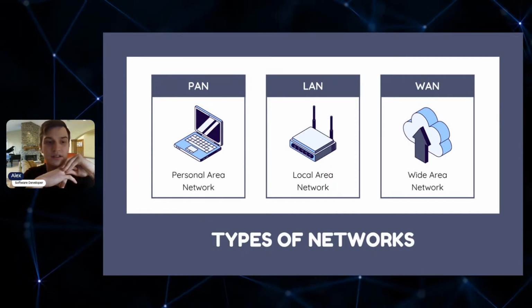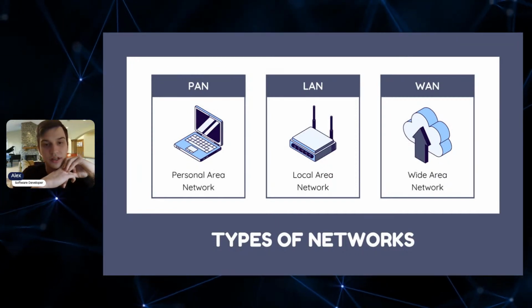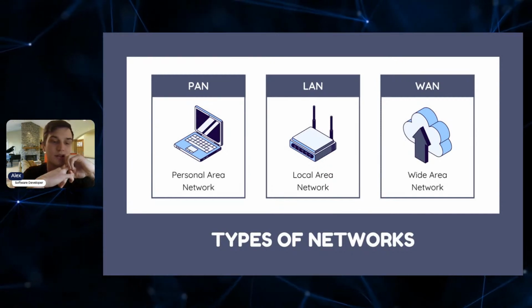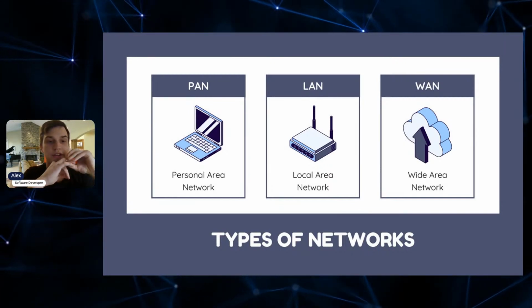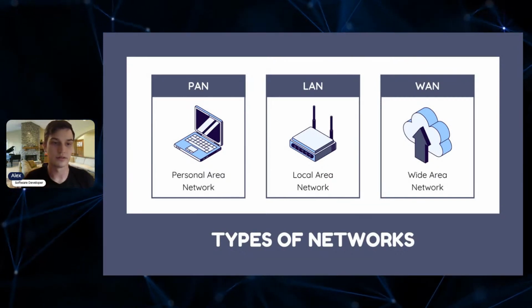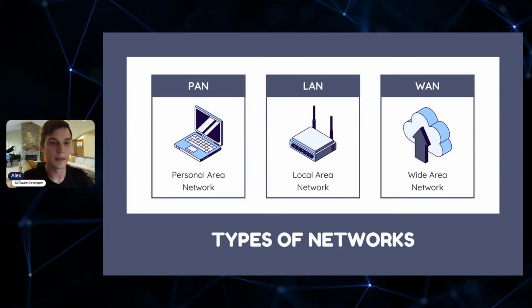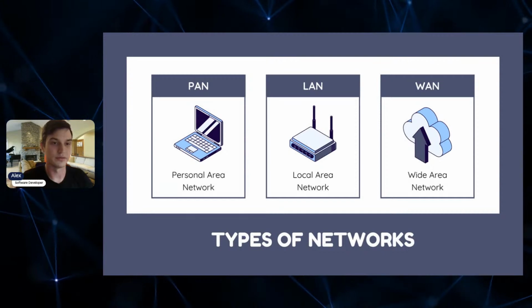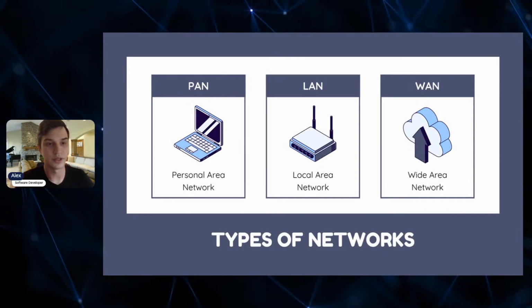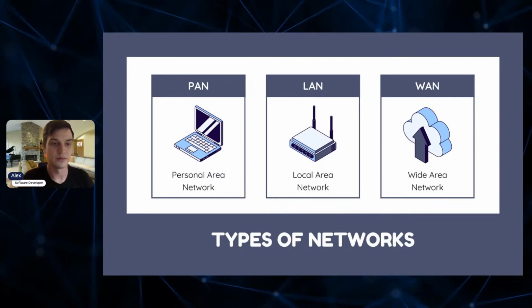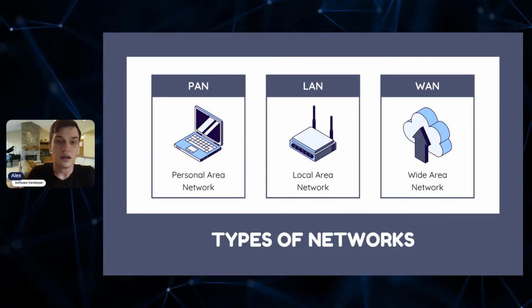But if there is some website running on your computer, you can access it not using LAN, you can access it only using the personal area network. So you connect to yourself. It's usually called localhost. If you put localhost in your browser, you will connect to yourself. There will be nothing because there is no website on your computer. But if there is a website, you will connect to your own website, which runs on your PC.